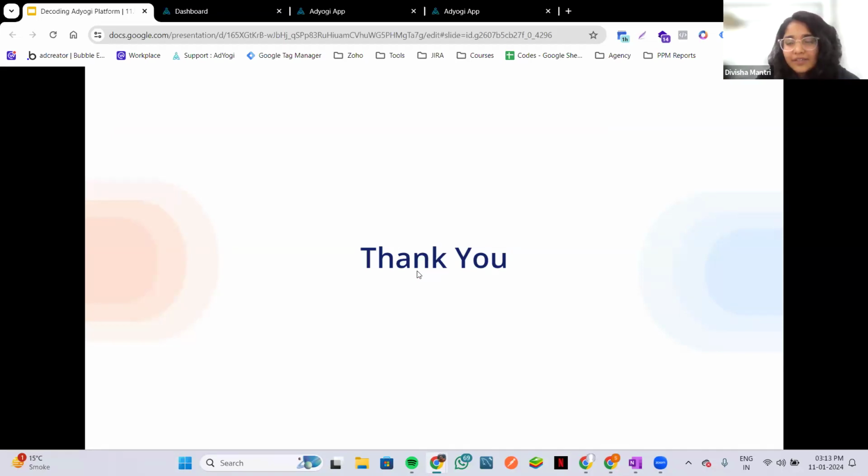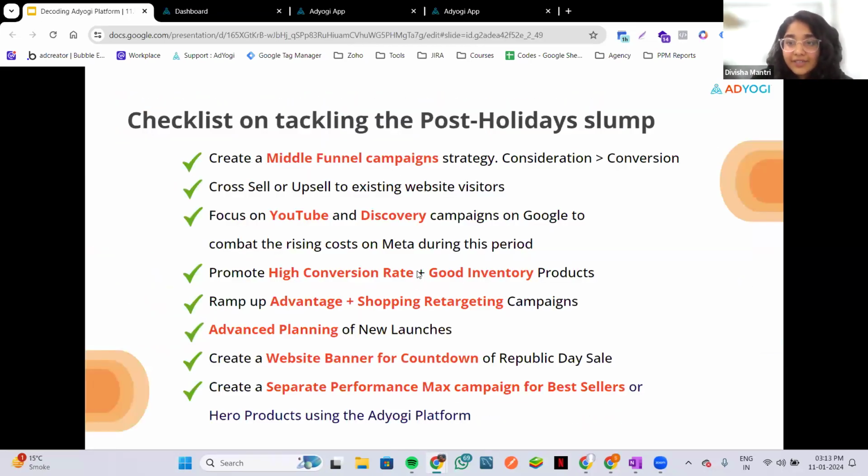Okay. So a couple of things could be done for Republic Day sale. Firstly, to create urgency, always have a banner on your website, and try having a timer as well. Through this, the users keep getting reminded that they have less time to buy your products, so they might want to buy as quickly as possible.